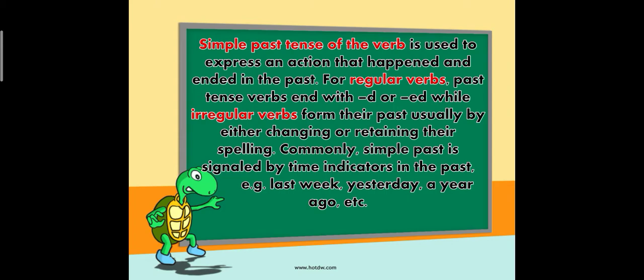For regular verbs, the past tense ends with D or ED, while irregular verbs form their past usually by either changing or retaining their spelling. Commonly, simple past is signaled by time indicators in the past. Examples are last week, yesterday, a year ago, and there are so many more time expressions that we can use for that matter.